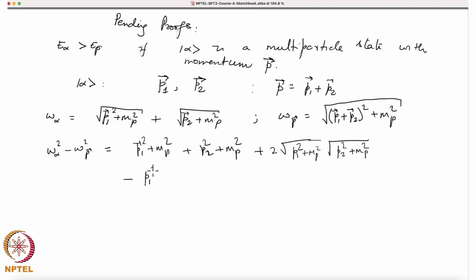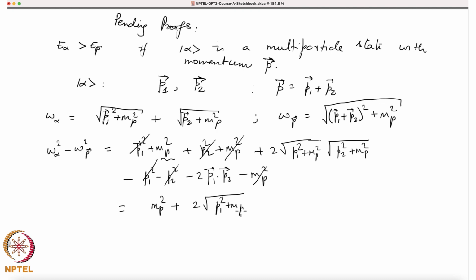So this is the object m_p squared plus 2 times this, minus 2 p1 dot p2.